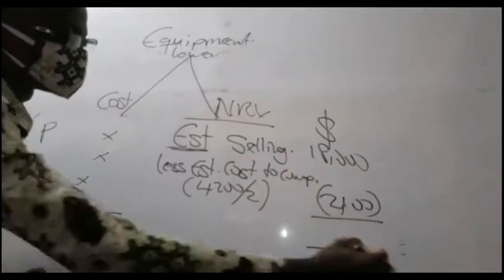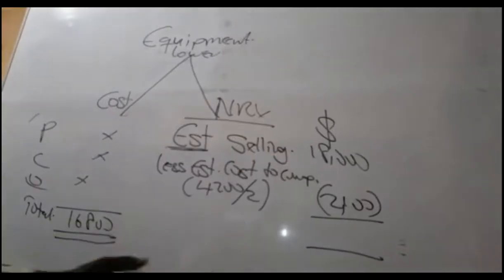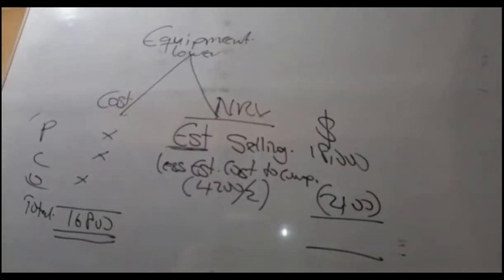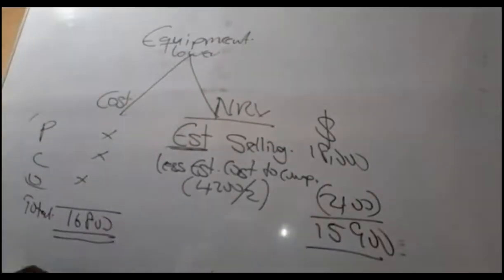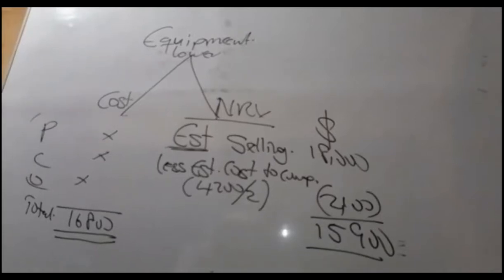So therefore, what is the NRV? So NRV will give us 15,900. That is the NRV. Good. So therefore, this inventory should be measured at what? Lower.